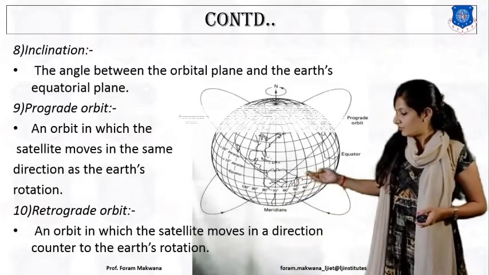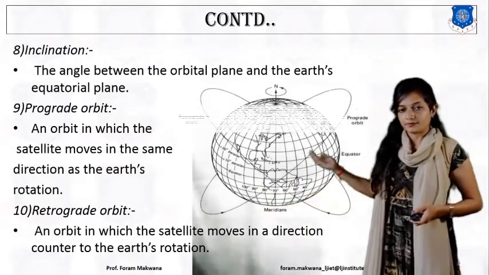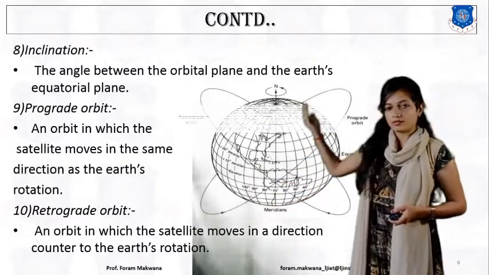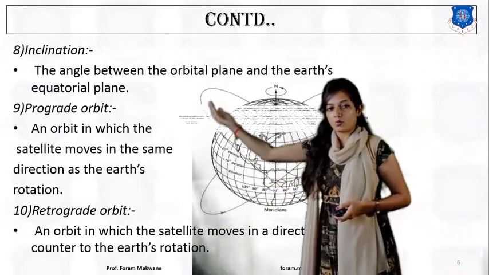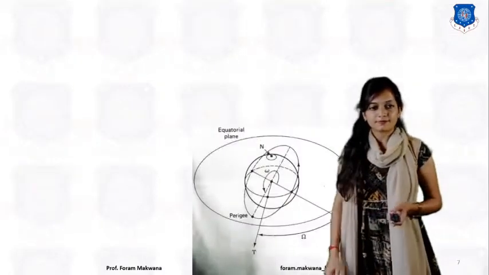From this image, you are able to see this is the prograde orbit because it moves in the same direction as the Earth rotates. And in retrograde, it moves in the anti-clockwise direction to the Earth's rotation. Right?